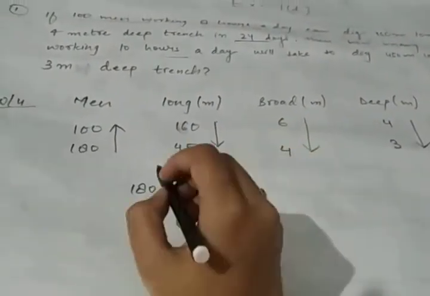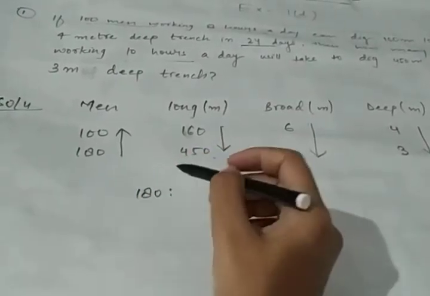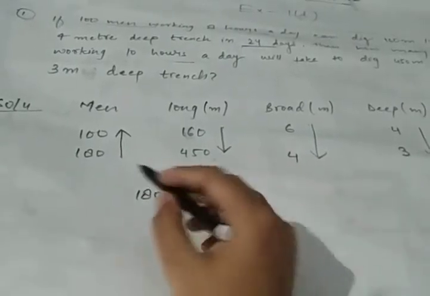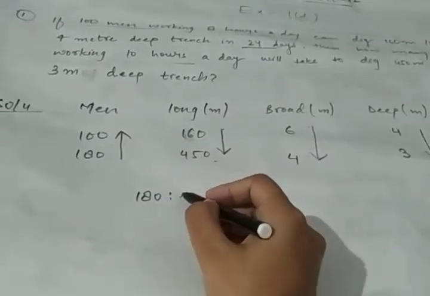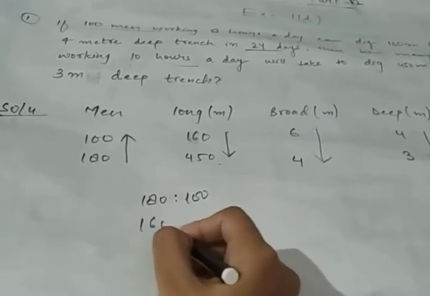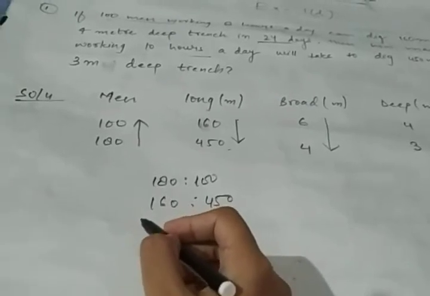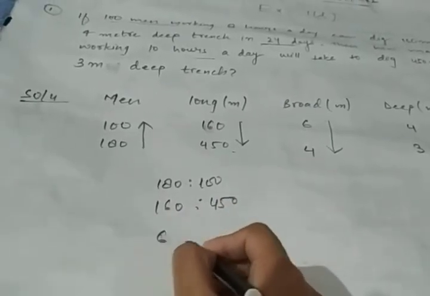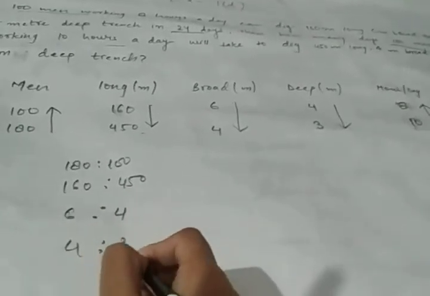We write it in fraction form. The things in inverse proportion are written in the reverse order. First we write 180 and 100, and then 160 and 450, 6 and 6, 4 and 3, and this is 10 and 8.